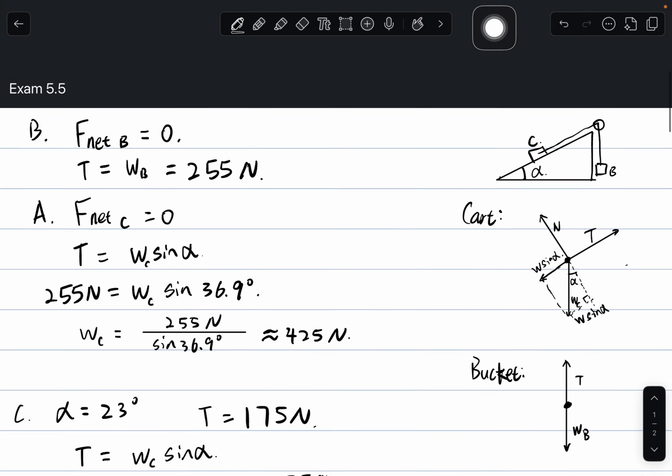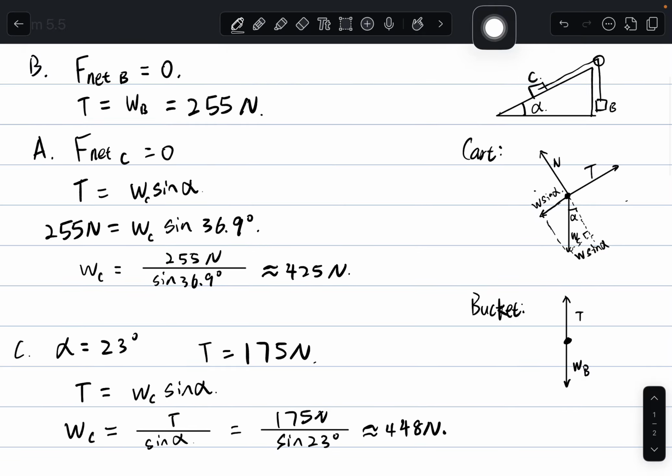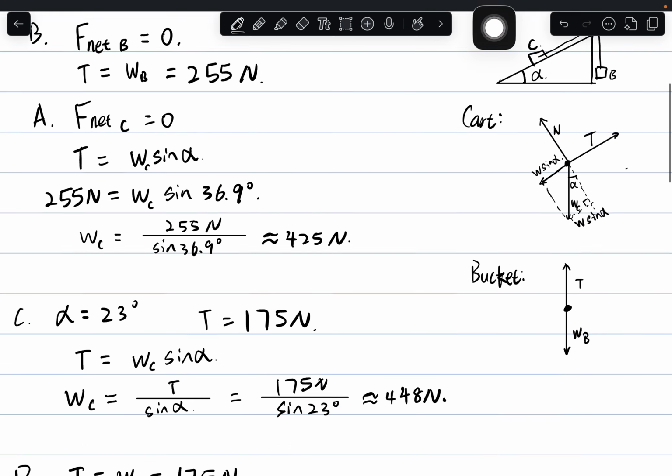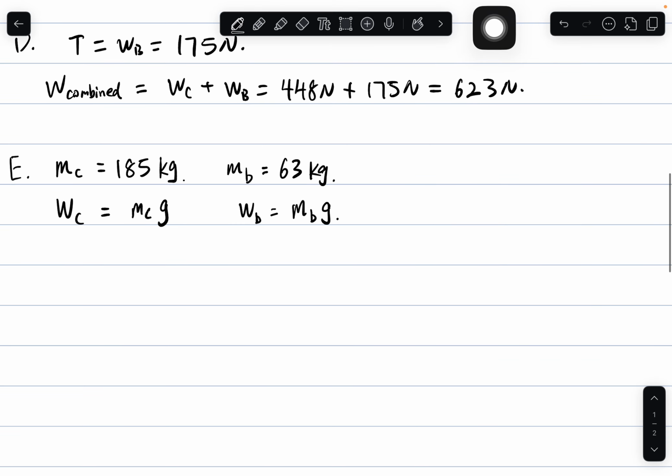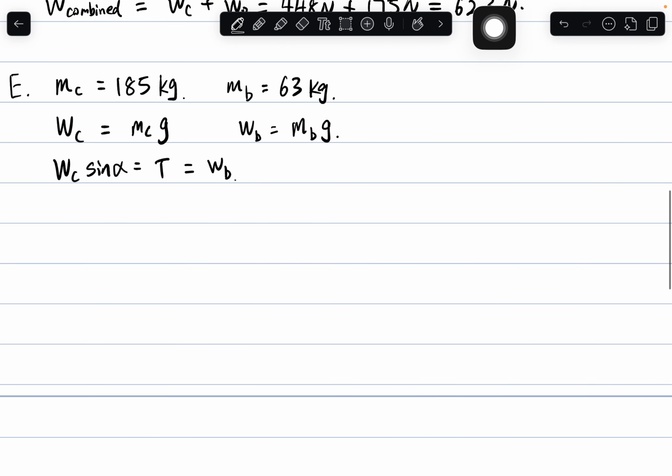As for the diagram, this force right here equals the tension, so that means the weight of the cart times sine alpha equals the tension, and equals the weight of the bucket.